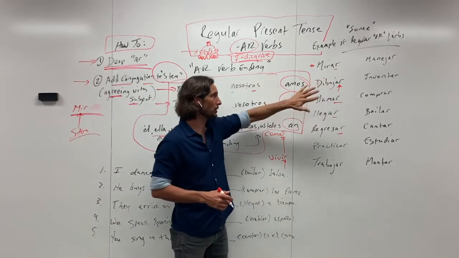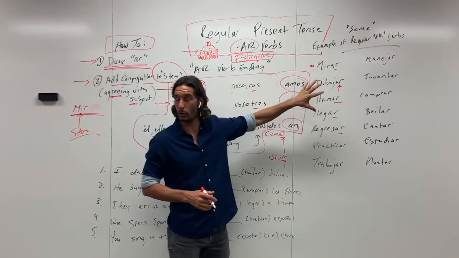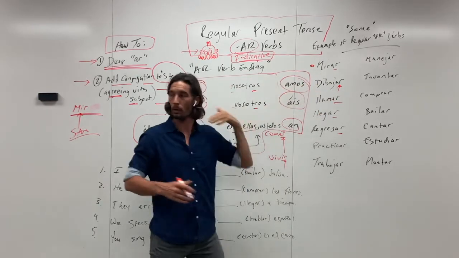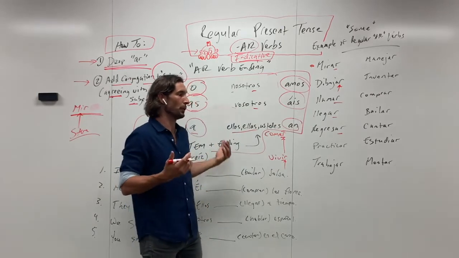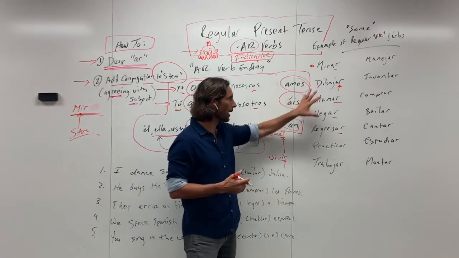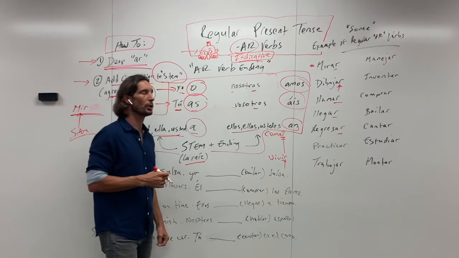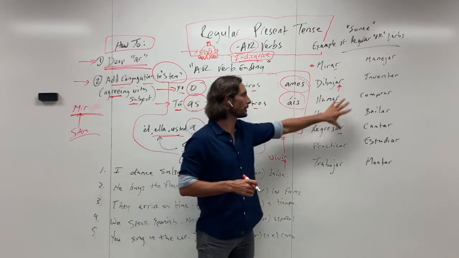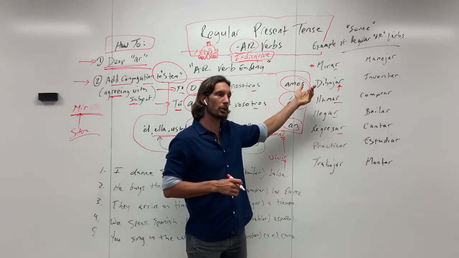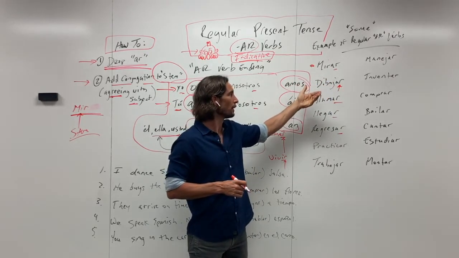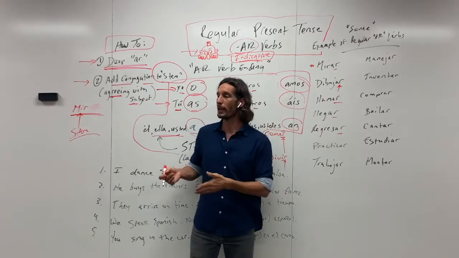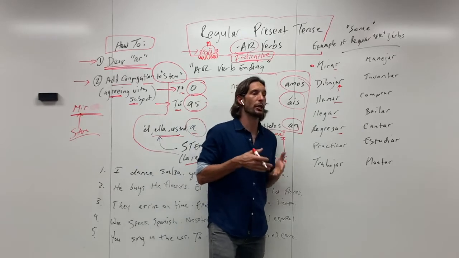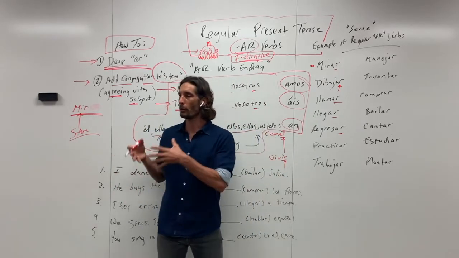Now keep in mind, this is just a very, very short list of AR verbs. We could probably fill this whole dry erase board up with verbs if we really wanted to. But what I wanted to do more than anything is show you a small list of verbs, so that even if this is your very first time ever seeing some of these, you would actually know how to conjugate them because you know the mechanics.